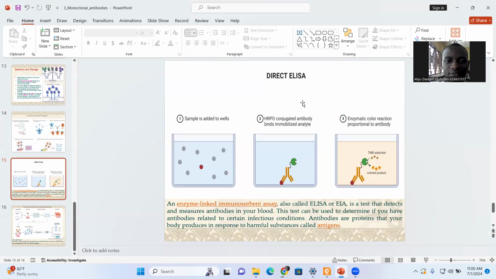We design an experiment for that. So an enzyme-linked immunosorbent assay is a test that detects and measures antibodies in your blood, right? This test can be used to determine if you have antibodies related to certain infectious conditions. The antibodies are proteins that your body produces in response to harmful substances called antigens.